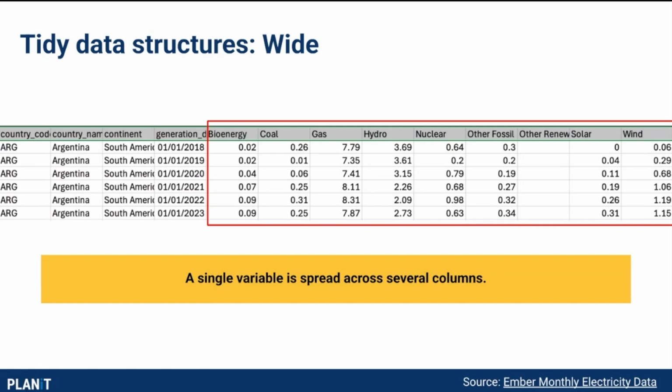of generation. In order to do that, you have to copy all the fuel categories and make separate columns to represent another data point. And this type of data structure is often used in a lot of programs that visualize data.